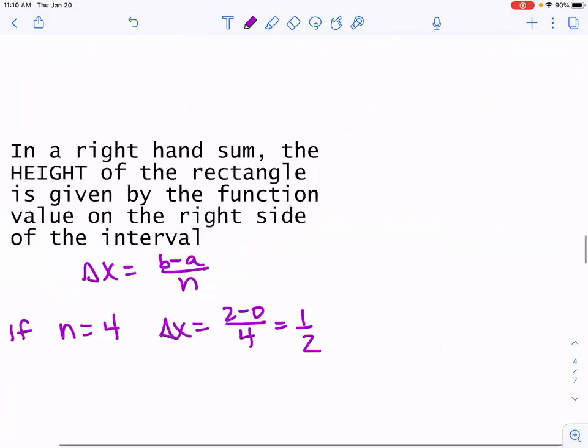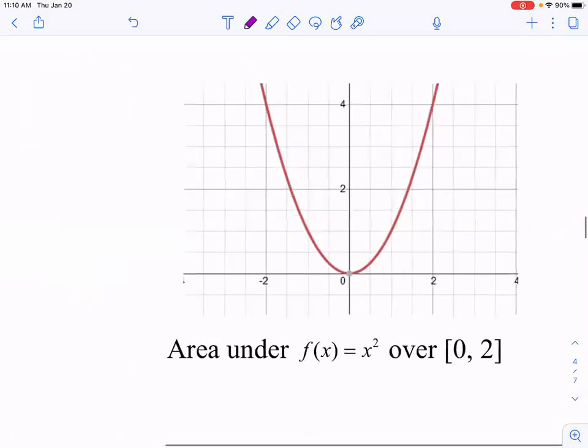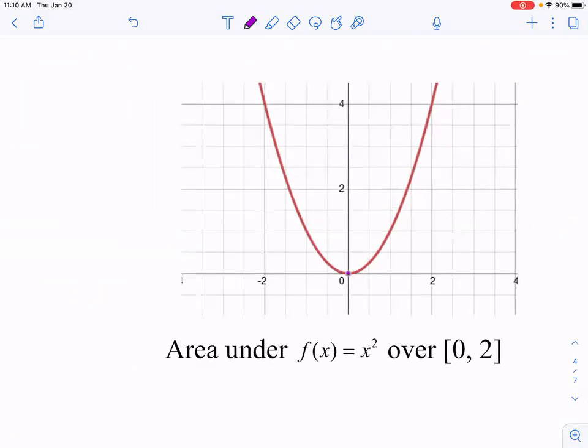I'm going to have you go to the graph on the front, and we're going to draw rectangles so that the right side meets up with the curve.